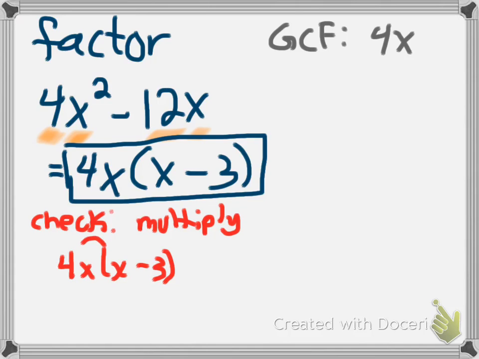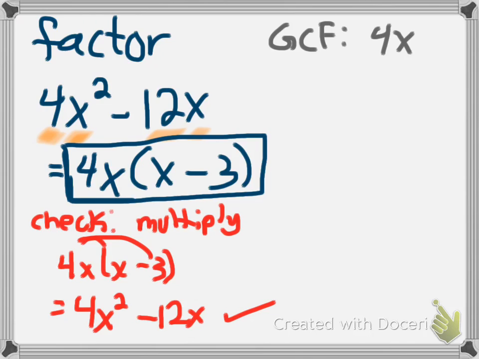I'll distribute this out. 4x times x gives me 4x squared. And then 4x times negative 3 gives me negative 12x, which is, of course, the original question. So I did do it right. So my final answer is 4x times x minus 3.